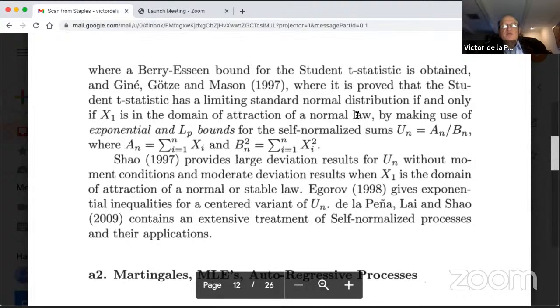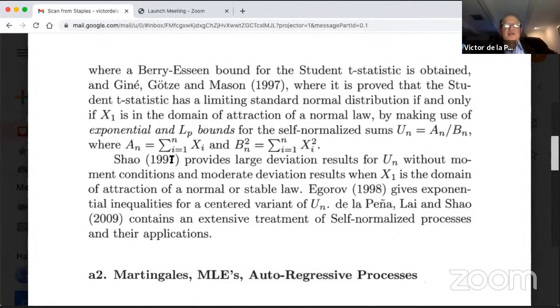Well, by self-normalizing, like I explained before, he was able to prove a large deviation result without any moment conditions. This is important because who can really check whether the moments are one thing or another? Assumptions are usually something that needs to be checked, but the fewer assumptions we make, the better off we are. So if you are interested in large deviations, this is an important paper.